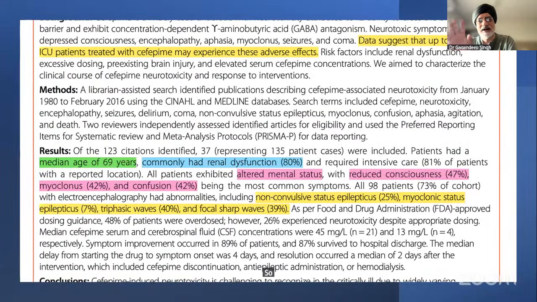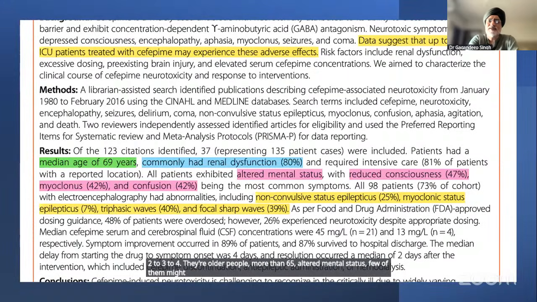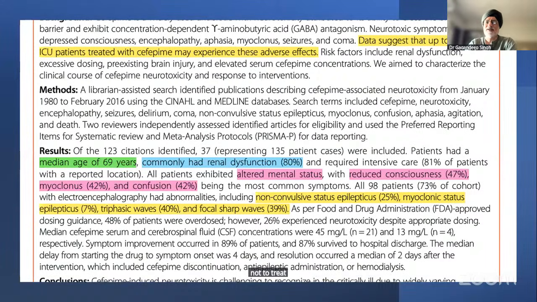So they all have mild renal failure. The serum creatinine is about 2 to 3 to 4. They're older people, more than 65, with altered mental status. A few of them might have a few myoclonic jerks. And we have learned not to treat them very aggressively.